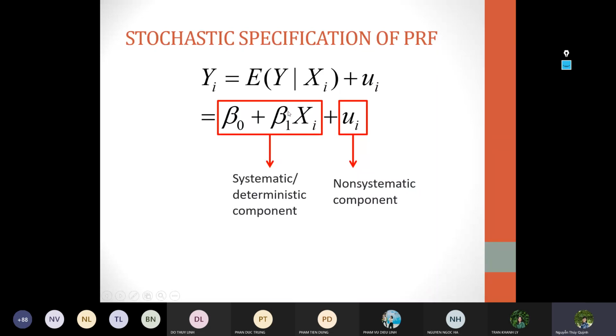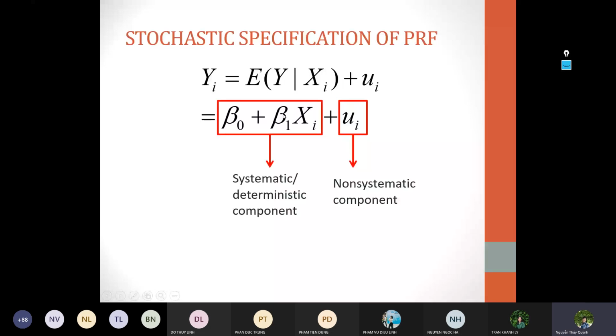It is determined by the observed value of X and the constant parameters of the model. This is unchanged, it is deterministic for one value of X.